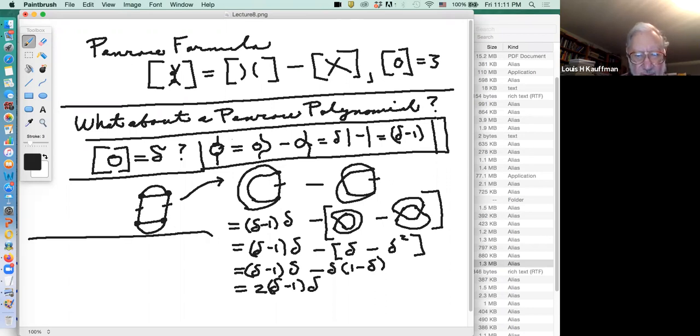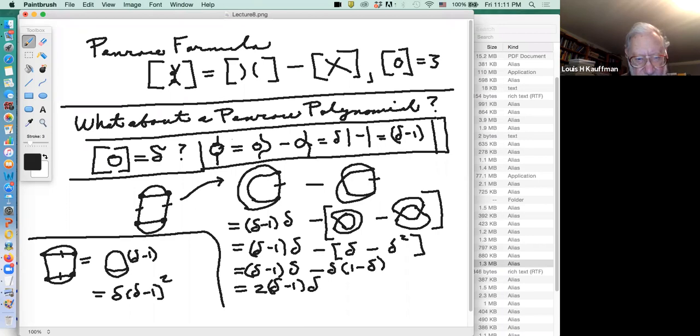Now, maybe I have room here to do a different perfect matching. Let's try it. Same graph. Let's try this perfect matching. Well, that's a bubble. So the bubble goes away, and I get multiplied by delta minus 1. And then there's another bubble. So this is equal to delta times delta minus 1 quantity squared.